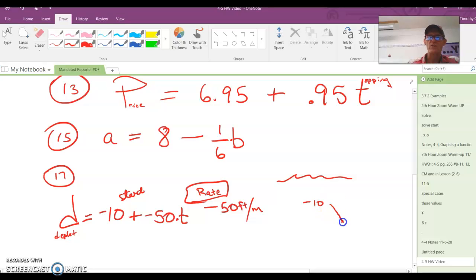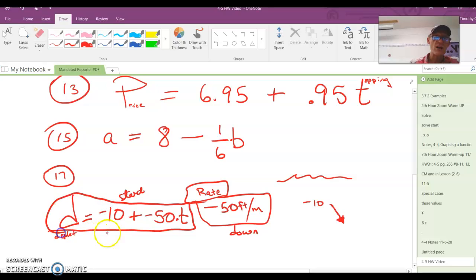We're either going to go up or down, but in this case, they're going down. So the function rule is d equals -10 plus negative 50 times t for time. All right, that's 17.